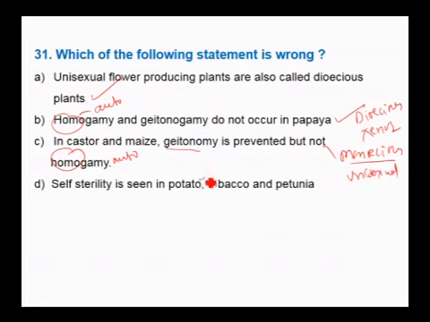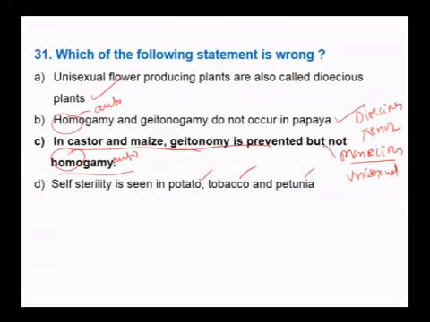Self-sterility is seen in potato, tobacco and petunia, which I discussed in the previous slide. Therefore, this statement is wrong. The correct form is: in castor and maize, homogamy is prevented but not geitonogamy. But here it is stated the other way around. Therefore, the correct option is C.